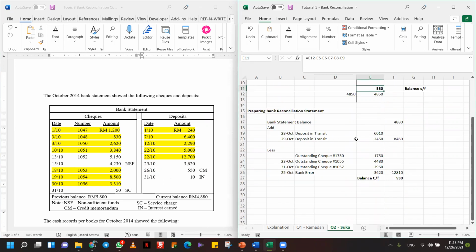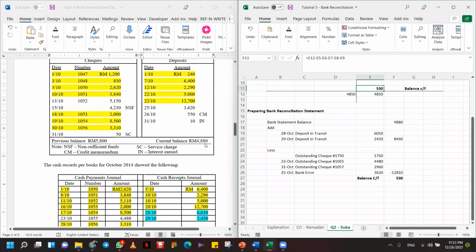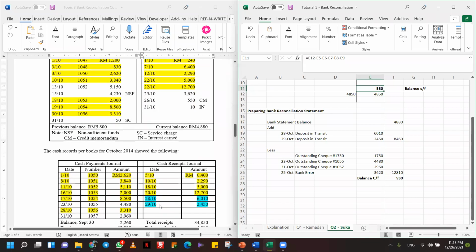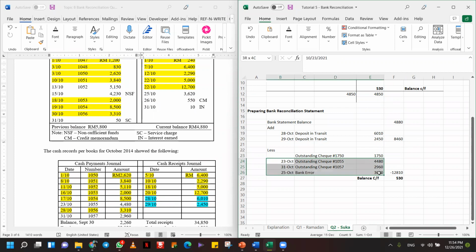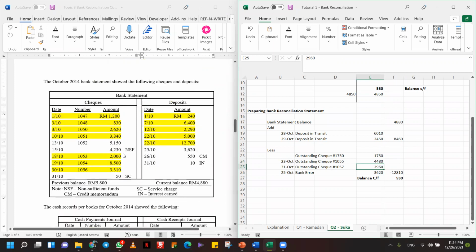Then moving on to the bank reconciliation statement, the bank balance is 4,880, as you know here, and then we have deposits in transit on October 28th and 29th to get this amount. Then less, the mistake that we made last time was that we added these three entries as checks, but we did not add check 1,750, and that check did not occur in October, which is the question time.